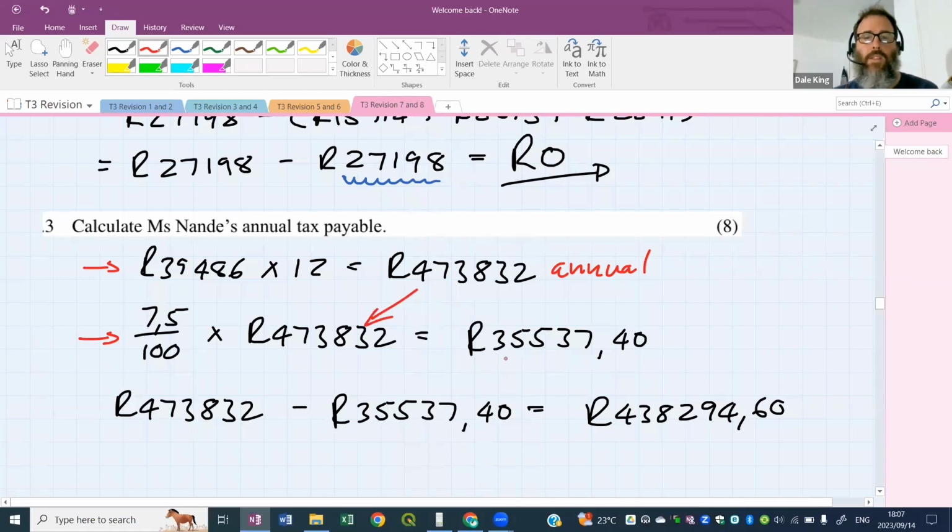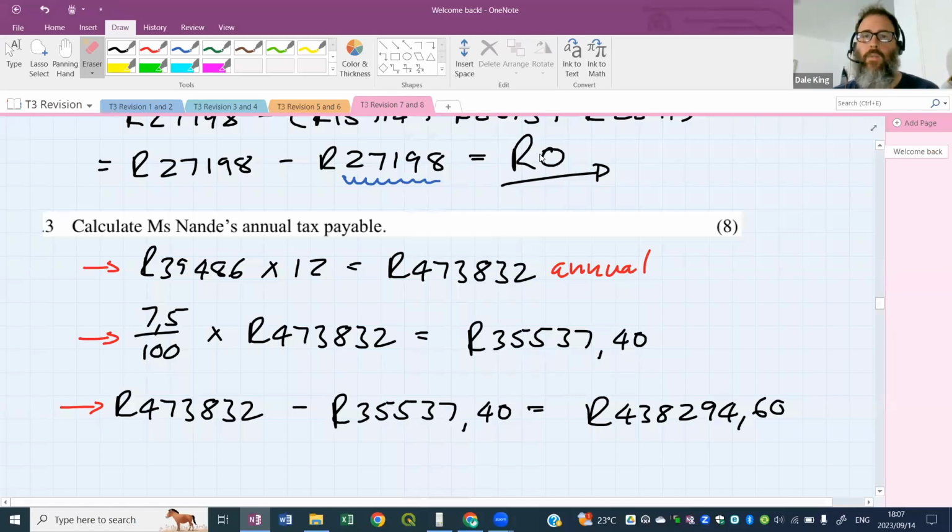It is 35,537. We can't tax it, so we took that amount off in the third line, and that left us with an annual salary that is taxable, because we took the non-taxable portion off.